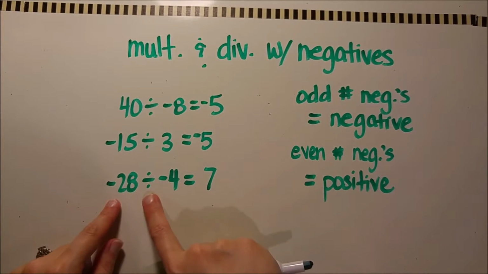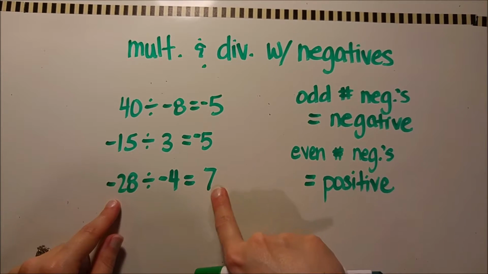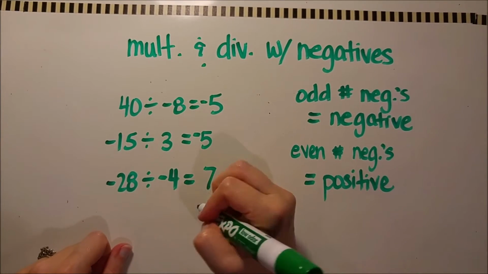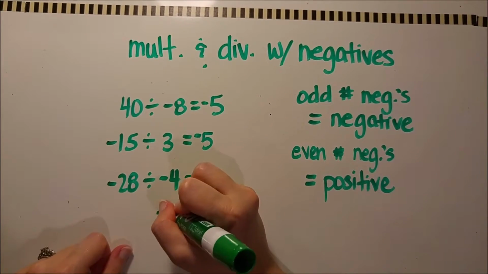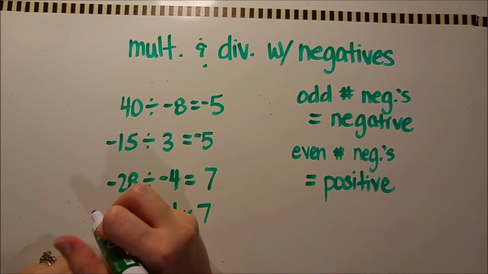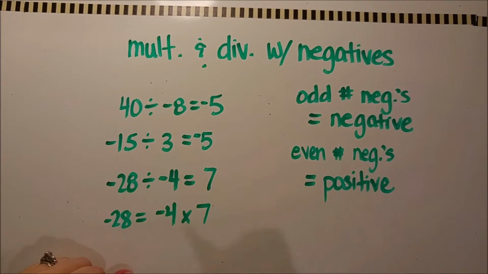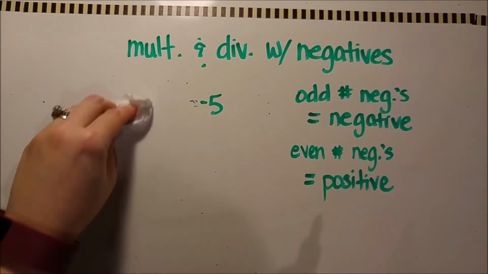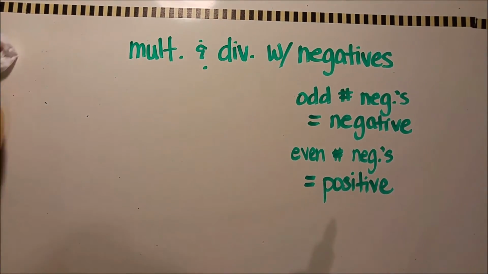So 28 divided by -4 equals 7 because 7 times -4 equals -28, right? They're opposites. Remember your fact families.